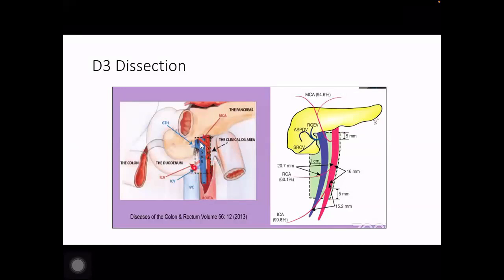So you should clear this rectangular area, from the inferior border of the pancreas, along the left lateral border of the SMA, and anterior to the SMV. The exact boundary is 5 millimeter proximal to the middle colic artery, 5 millimeter distal to the ileocolic artery, the left lateral border of the SMA which you must see after the dissection, and 1 centimeter lateral to the SMA and SMV. These are the borders of the D3 dissection. I'll share that Japanese paper; with the pictures you'll understand better.